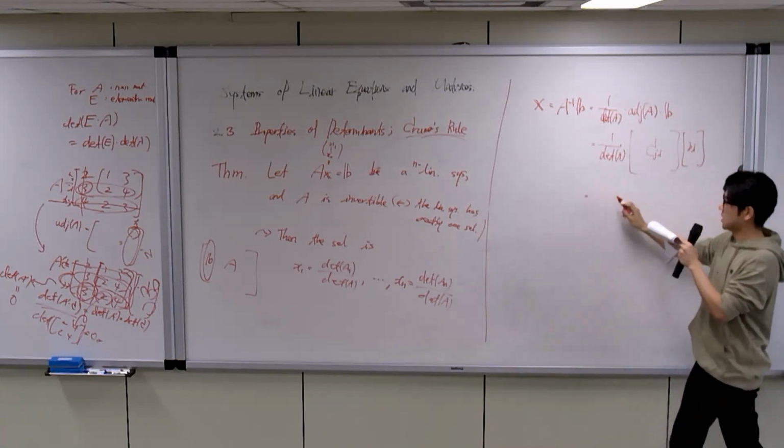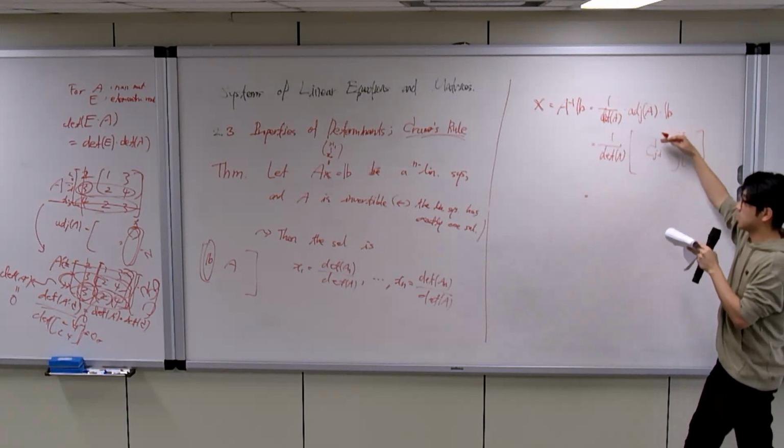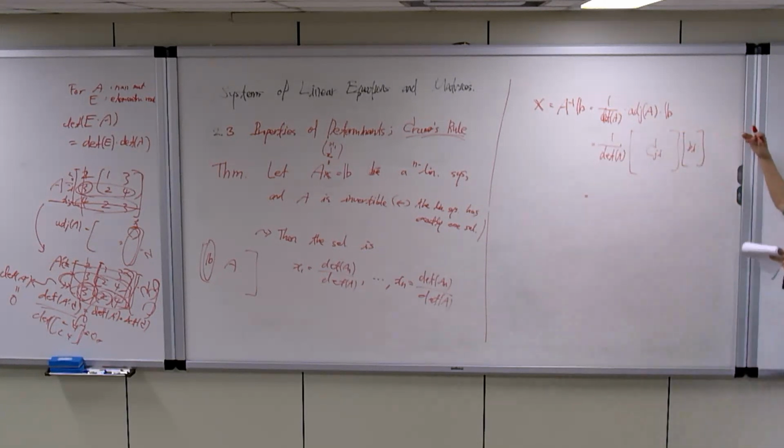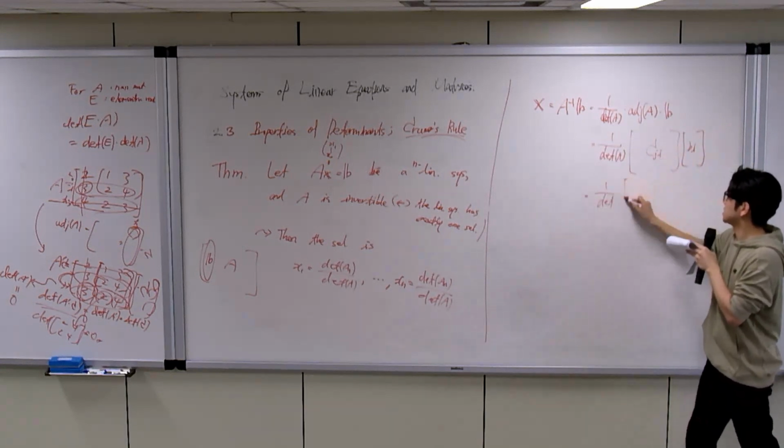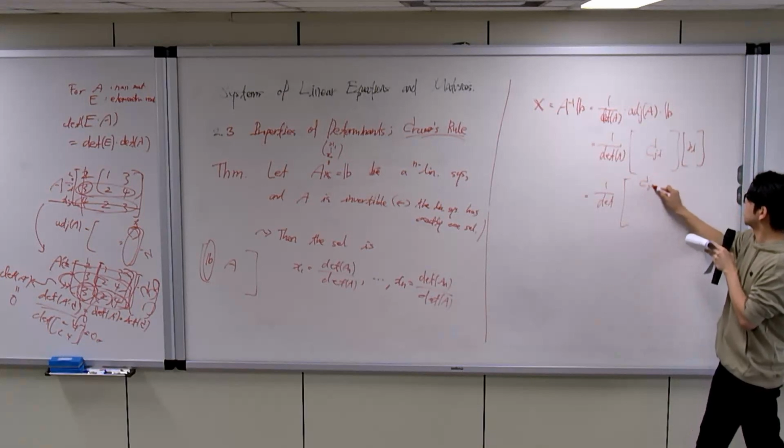So it will give a linear combination as the entries.